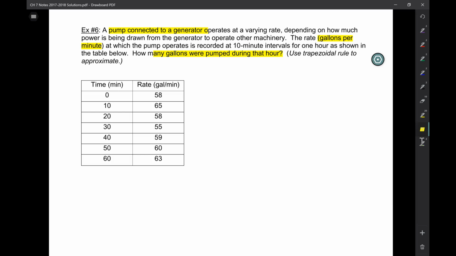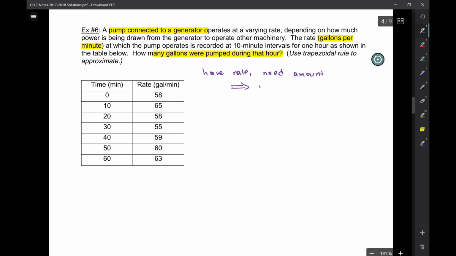So you have the rate, you want the amount. This means integrate. Now, if you're given a table, no function, you can't integrate. Integration, though, finds area.